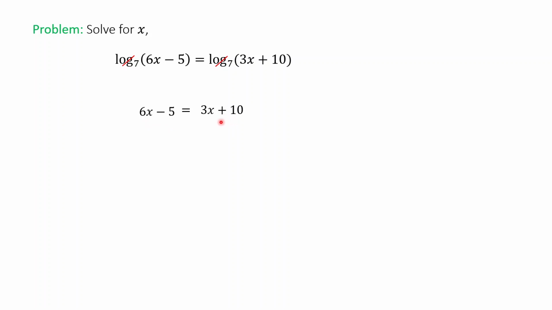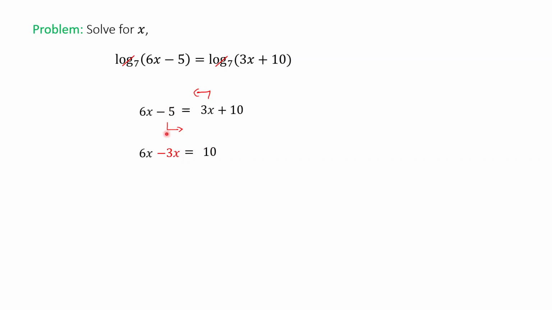Let us solve this. You have x term here and x term here. Move this to the left hand side so that all the x terms are on one side and move this to the right hand side. You get 6x. If you move this to the left hand side, you will get minus 3x is equal to 10.